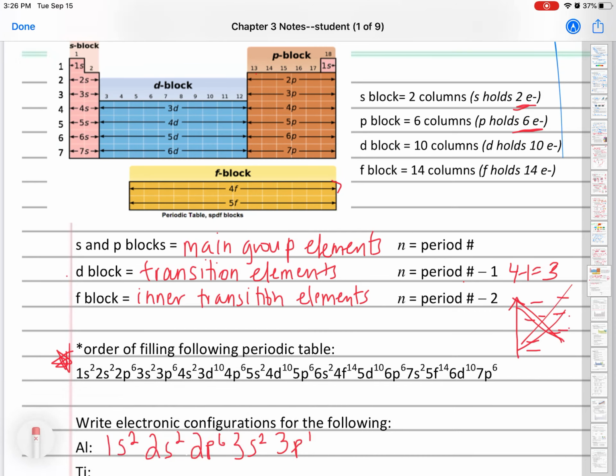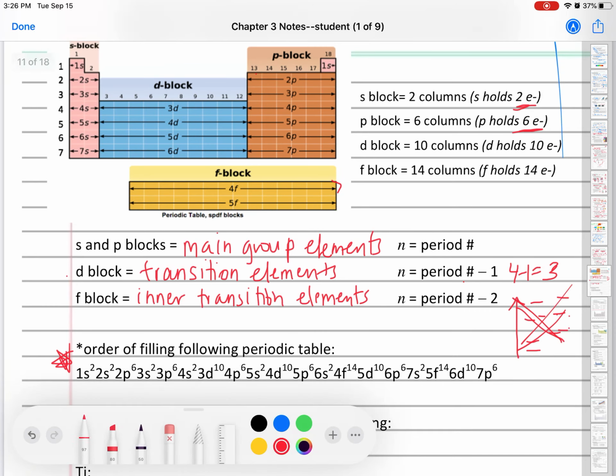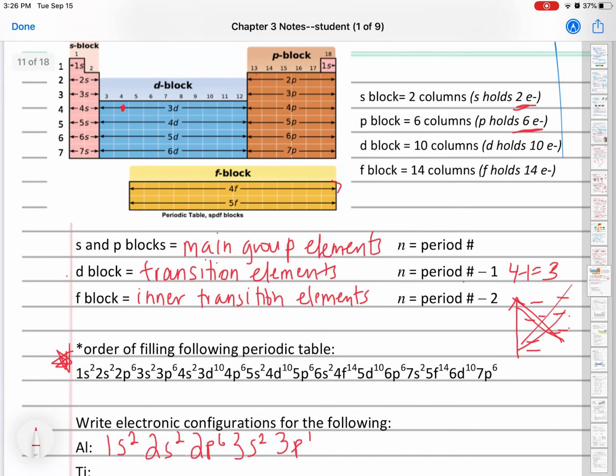All right, now the next one is titanium. Titanium is right here on the periodic table. So we're going to do the same exercise, and we're just going to fill up until we get to titanium. So we've got 1s2, 2s2, 2p6, 3s2, 3p6, 4s2, and then we go in 2 places in the 3D.